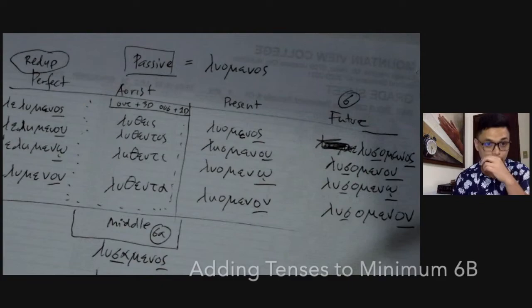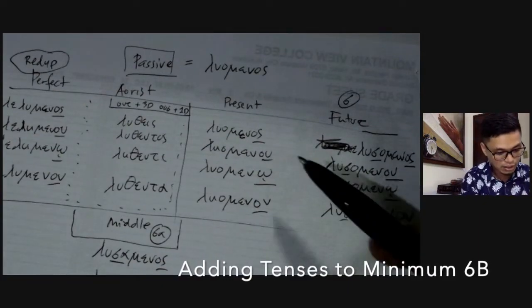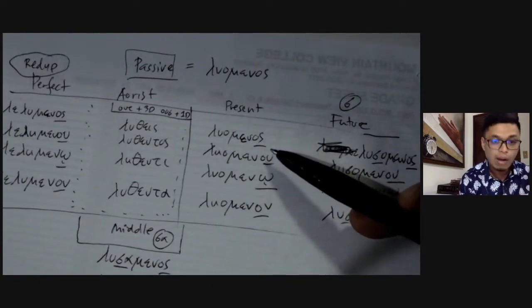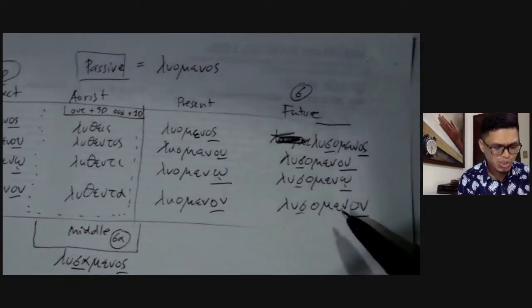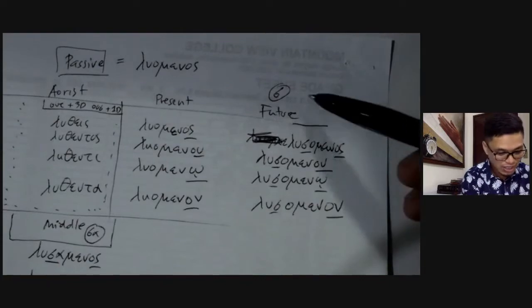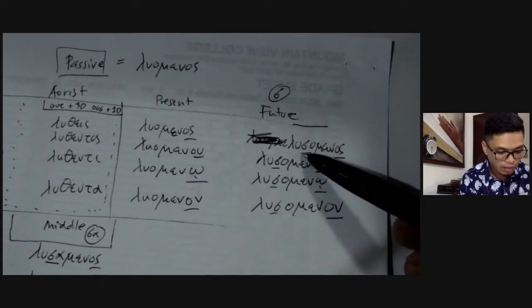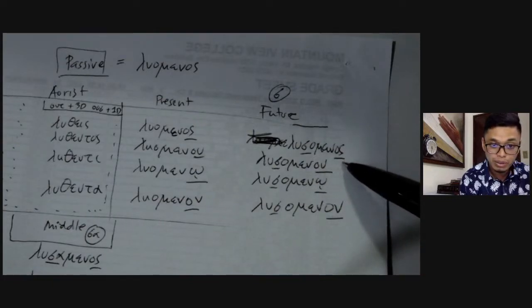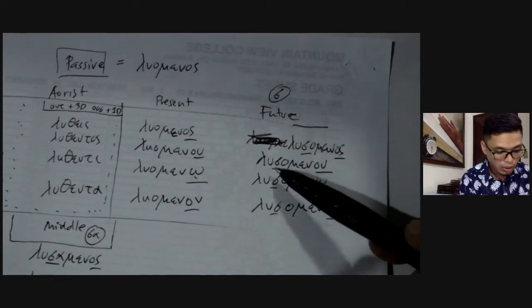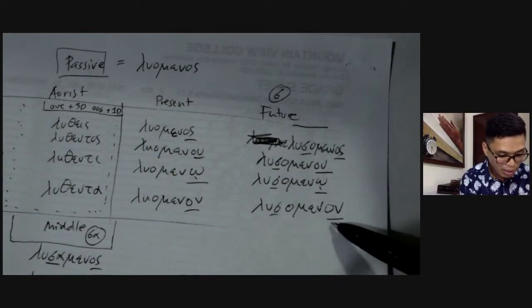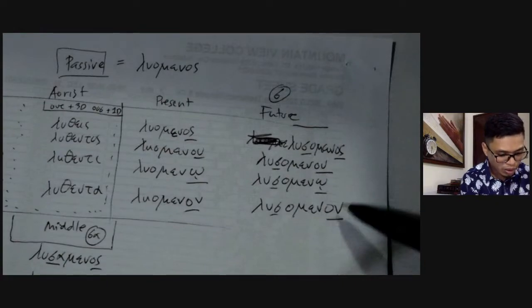Okay, so let's start with the present tense. Luomenos. Well, very good. How about if it is future? So simple. You just add the tense identifier sigma after the root. So you have lusomenos, lusomenou, lusomenō, lusomenon. Os, ou, on.